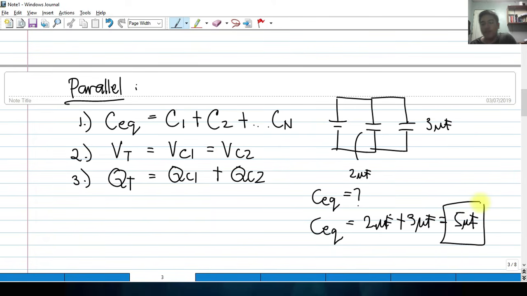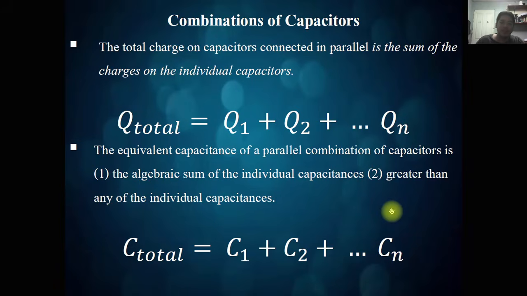So it is very obvious that the C equivalent, the total capacitance we get for capacitors connected in parallel, should be greater than any of the individual capacitances. Okay, that's the concept. That's what this number 2 is trying to say.